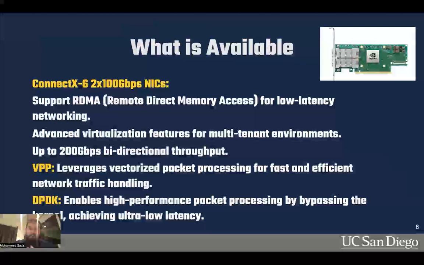So the servers we use, the hosts, are Kubernetes nodes, and each one of these nodes is connected to the network through a SmartNIC, because in most cases, each one of these nodes has a ConnectX-6 card, and that ConnectX-6 SmartNIC has bidirectional support for RDMA, which is remote direct memory access, and has two ports, and each of these ports is 100 gigabits per second. And of course, one of these ports is what plugs the node onto the network, and it's used for deployment purposes. But the other port is always free and available for research.